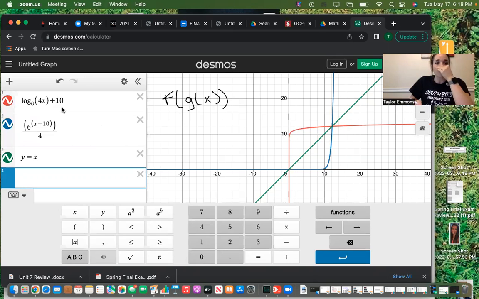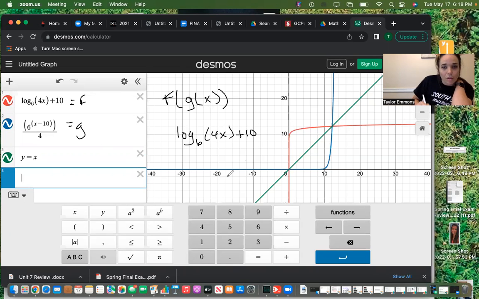So let's say that we took this equation right here, and this is f and this is g. So if we took f and plugged g in for it, so log base 6 of 6 raised to the x minus 10 plus 10, and that's going to be divided by 4.